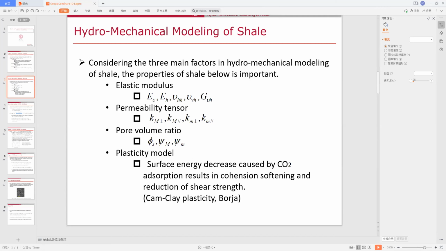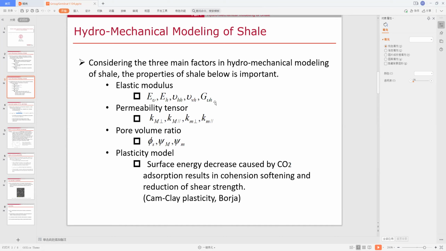Okay, just as I mentioned, the three main factors, anisotropy, viscoplasticity, and double porosity, are important in shale modeling. This actually gives us a hint to research on the impact of carbon dioxide on shale. We start from the property of shale. For anisotropy, we have assumed that shale is transverse isotropic. So there are 5 independent elastic modulus: the Young's modulus and the Poisson's ratio on the bedding normal and bedding parallel direction, and the shear modulus on bedding normal direction.